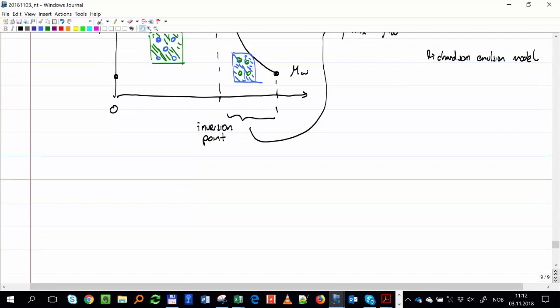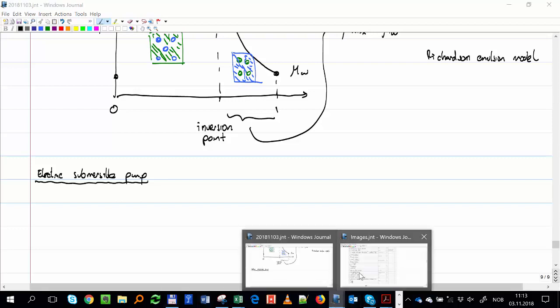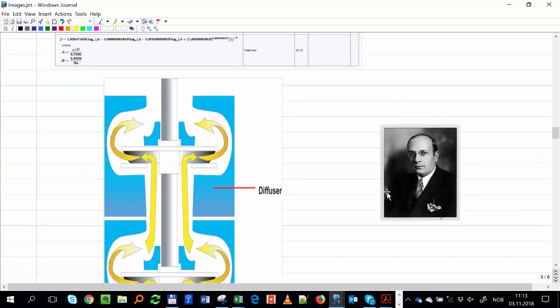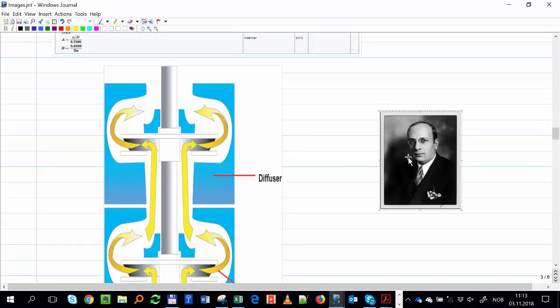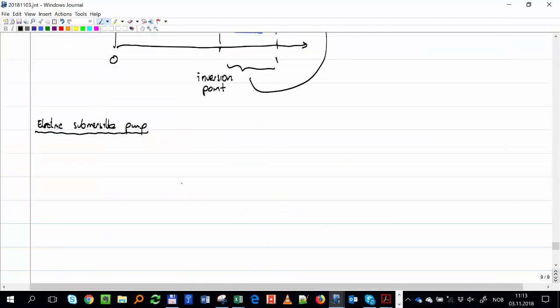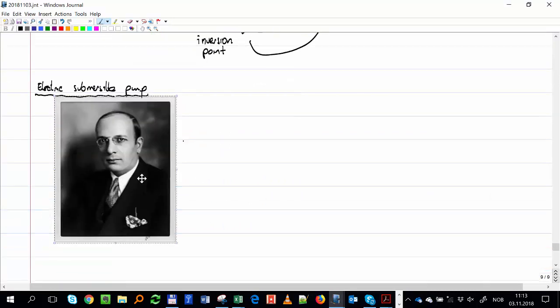So now let's talk a little bit about ESP, electric submersible pump. The inventor, the person who really managed to make it possible, was a Russian, but I guess he was a good guy, not a bad Russian like in the movies, even though he had a very serious face.